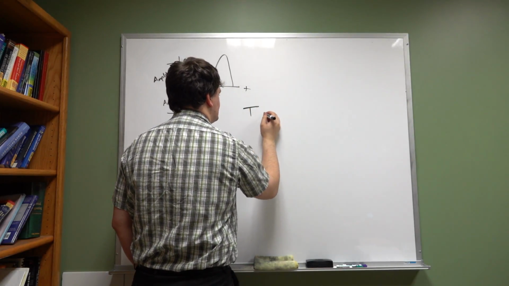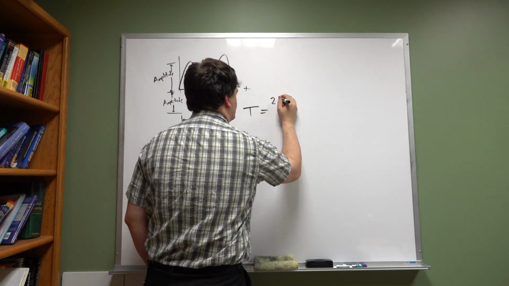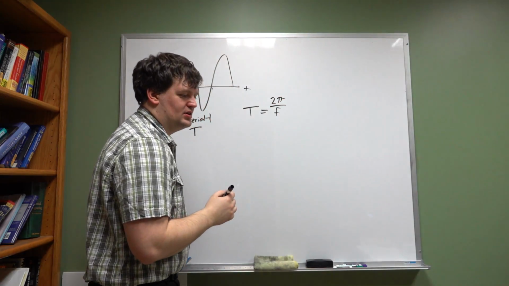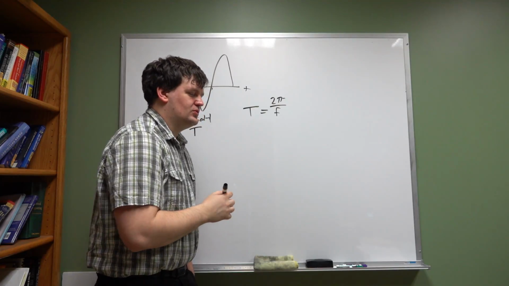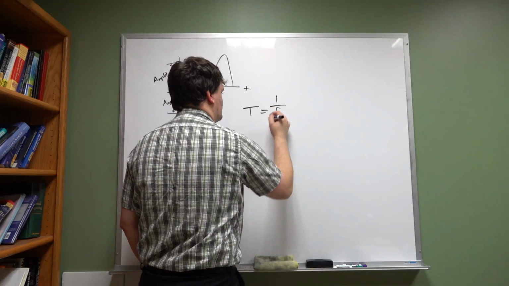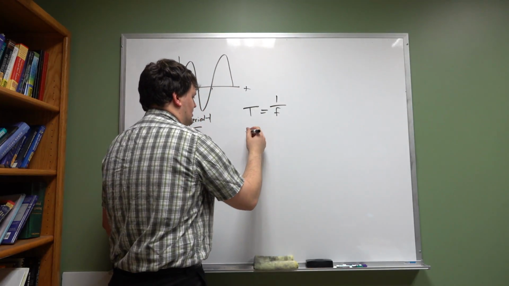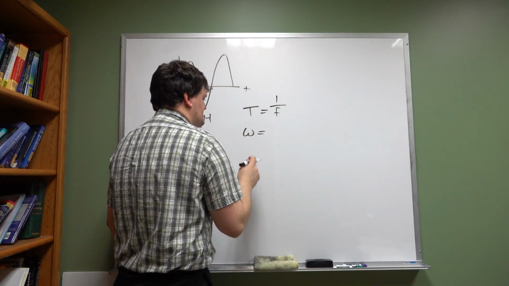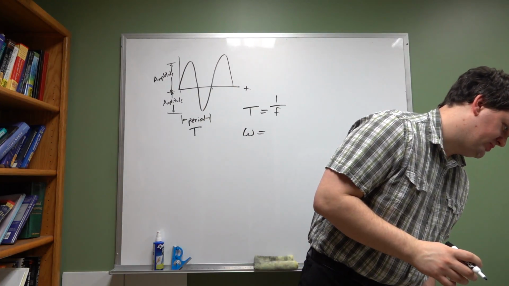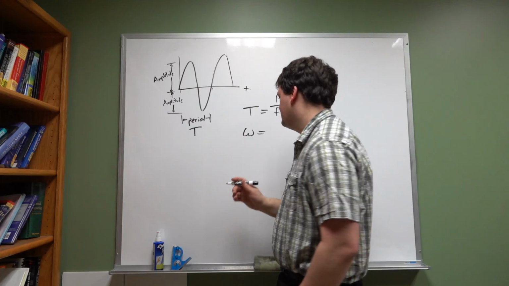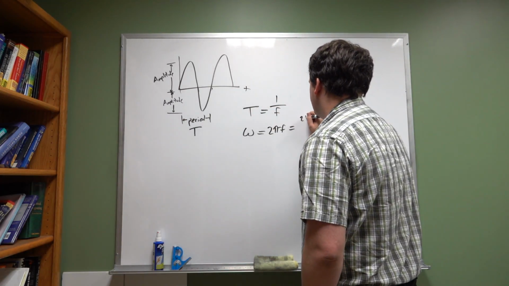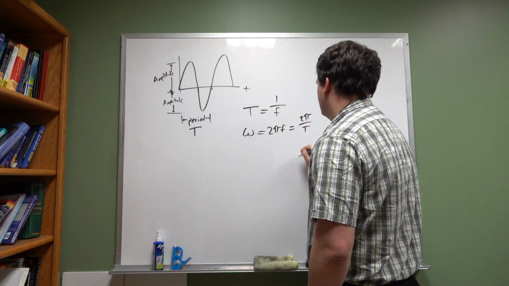The period T is equal to, my apologies, 1 over the frequency. Omega, which is referred to as the angular frequency, is equal to 2 pi f, or that's equal to 2 pi over T.